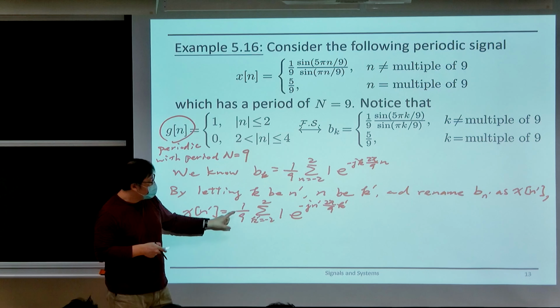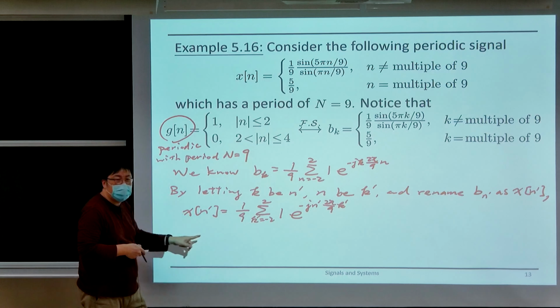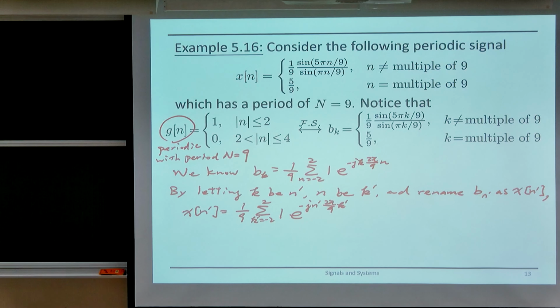Now, next, I want to move this 1 over 9 inside, and then do a change of variable where I replace k prime with minus k. So here, I let k prime be minus k. Then you get summation k from minus 2 to 2, 1 over 9, e to the j k 2 pi over 9 n prime.